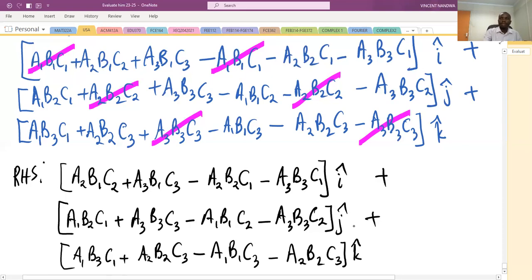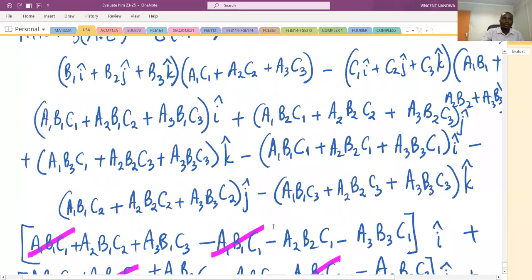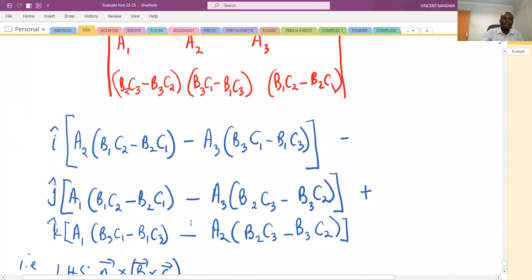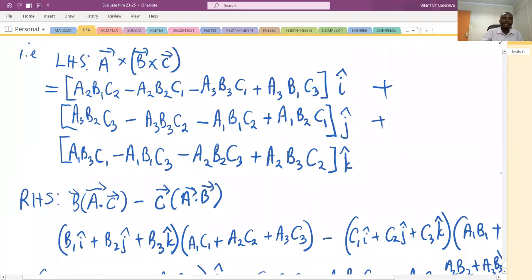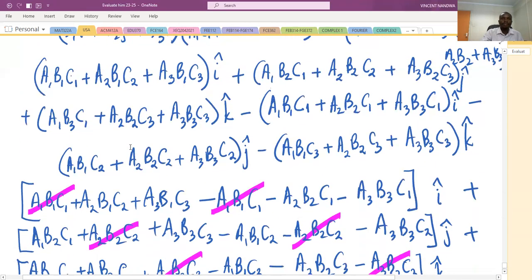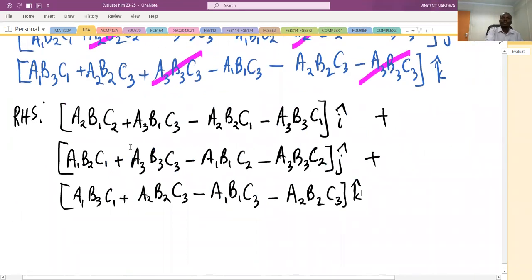And so if you compare this solution and the solution we got for the left-hand side here, then those two solutions are actually the same. This solution for left-hand side and right-hand side. So left-hand side equals right-hand side, and therefore that's the proof of that given relationship. So thank you.